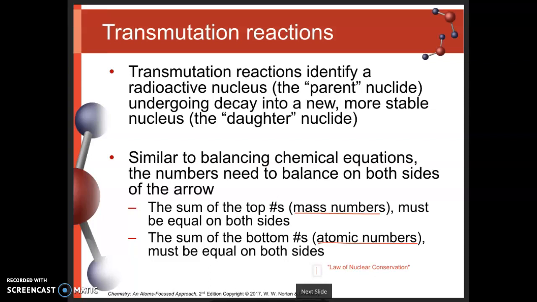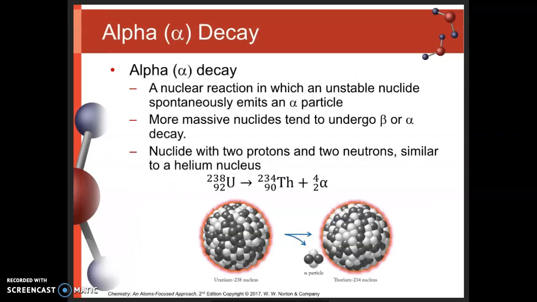So let's take a look at our first. The first type of decay is an alpha decay. Alpha decay is where we have an unstable nucleus and it spontaneously emits an alpha particle. An alpha particle has a couple of different forms.